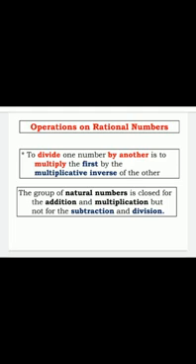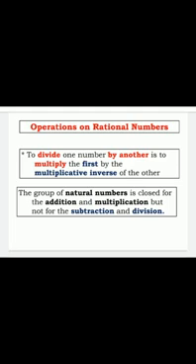Multiplicative inverse means the numbers whose product is 1. For example, the reciprocal of 2 upon 3 is 3 upon 2, and the multiplicative inverse of 7 is 1 upon 7. So, to divide one number by another is to multiply the first by the multiplicative inverse of the other.